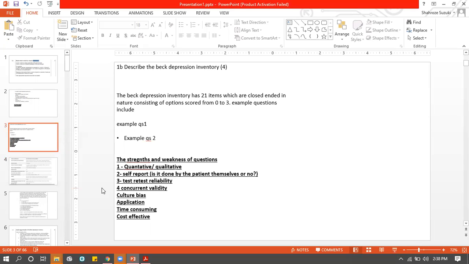The answer is yes, it should happen. So if your scores match the other test's answers, it means that it is concurrently valid. But if your answer does not match what the other test is telling me, it means that there's a discrepancy and concurrent validity will not apply.